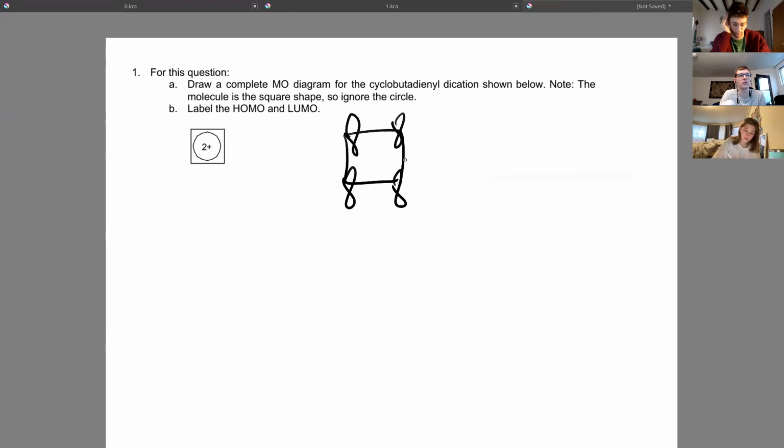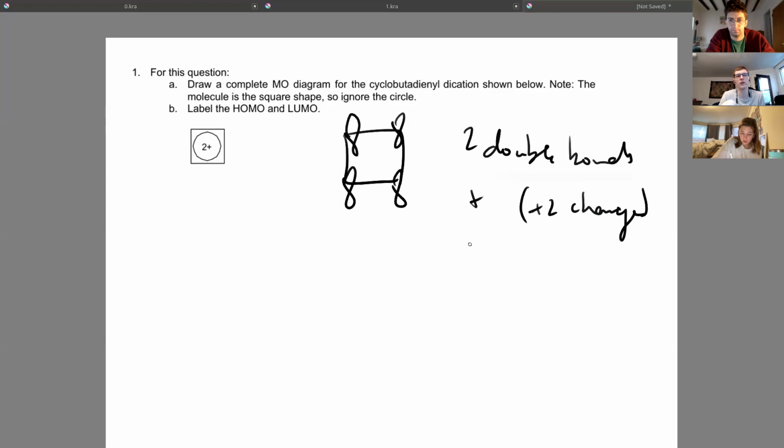And there would normally be 2 double bonds, but we have a +2 charge, so it's missing two electrons, right? So what we have is 2 electrons at the end of the day.